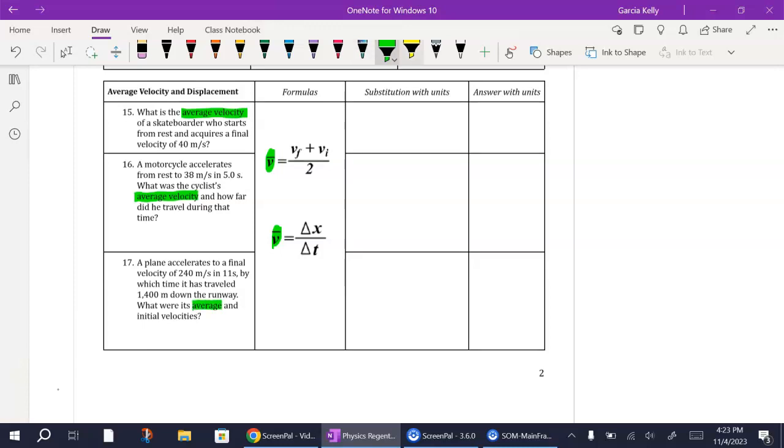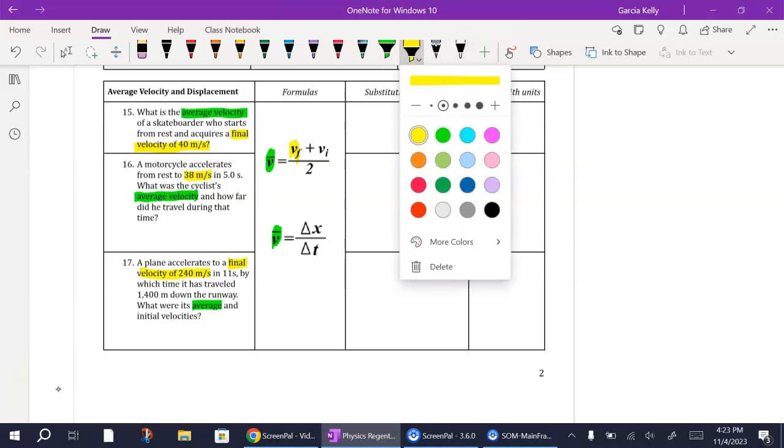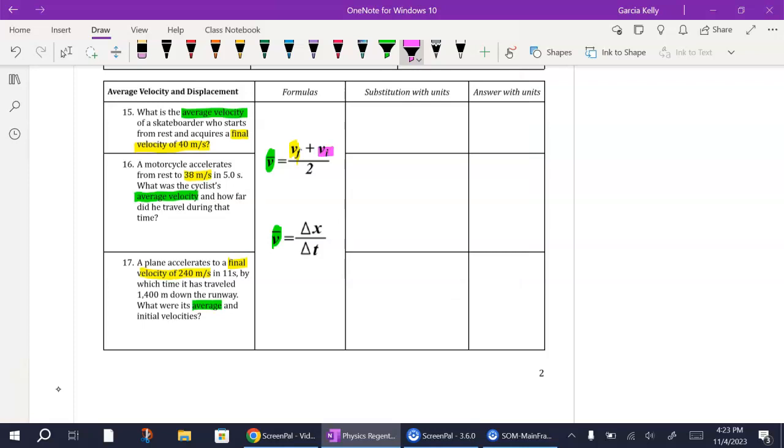If I see final velocity, I'm going to highlight it in yellow. In 15, I see a final velocity of 40. From rest to 38 meters per second, so that's a final velocity. A plane accelerates to a final velocity of 240. Next, anytime we see initial velocity, let's highlight that in magenta.